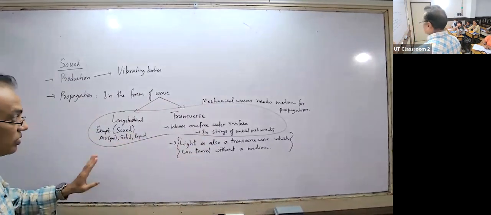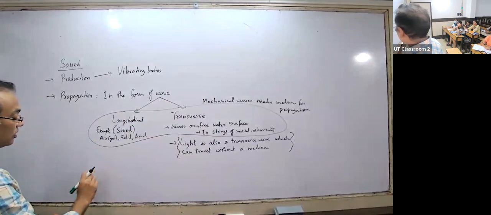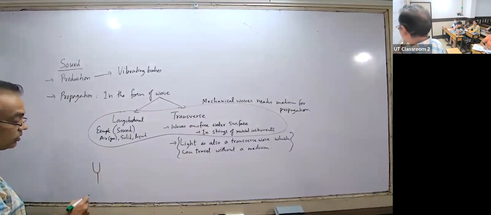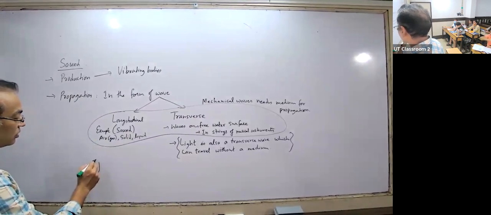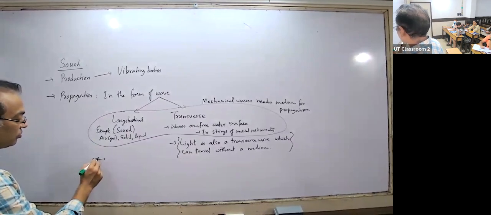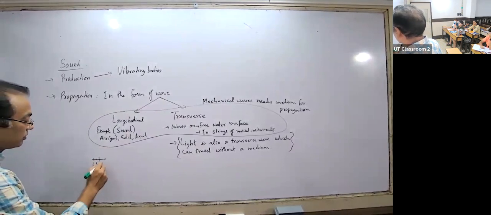Okay. Now what is the difference between the two waves? So in case of sound wave, if we take the example of a tuning fork, right? It will go sometimes in front and then it will come back. This is the mean position, the rest position of the tuning fork. It will vibrate like this.